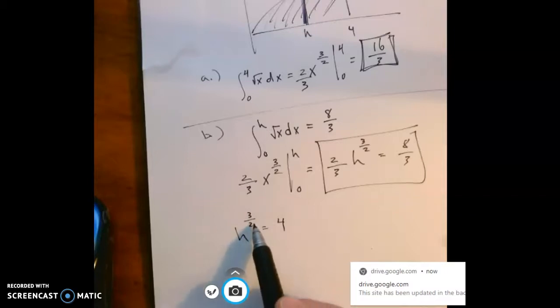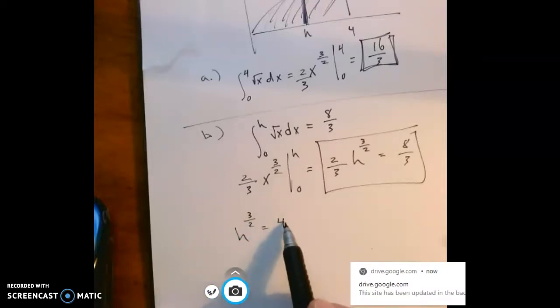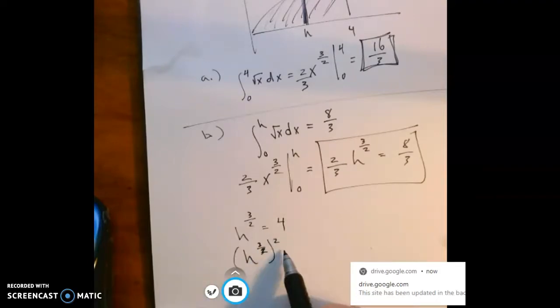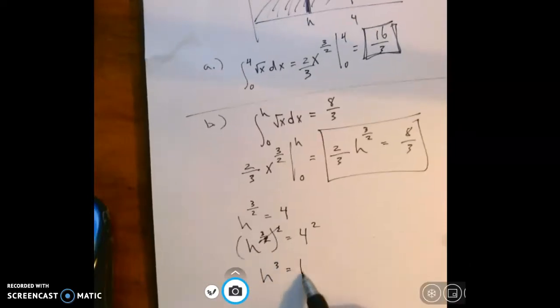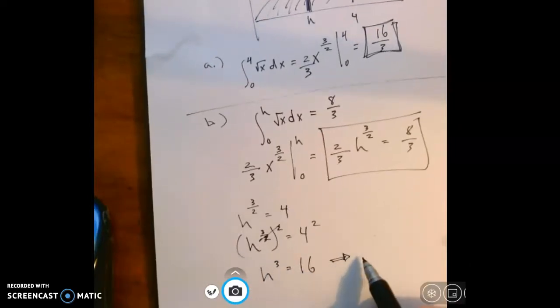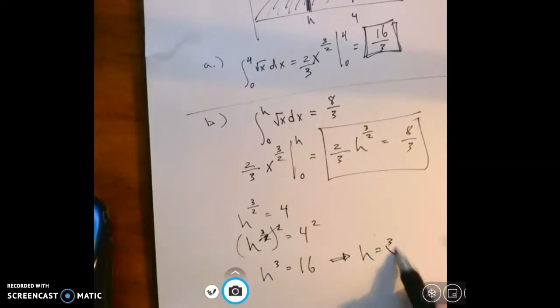In this case, we square it, which brings us to 16, and then take the cube root. So this becomes h to the 3/2, squared, equals 4 squared. The 2's cancel out. I'm left with h cubed equals 16, and then I take the cube root. And that's our answer.